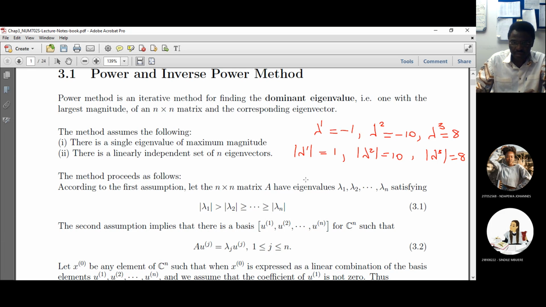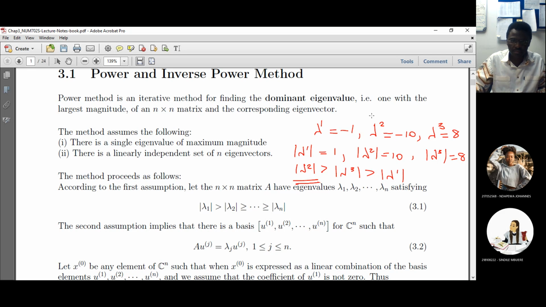So if you are asked at this stage, what is the dominant? This is how I write it, no? Because the absolute value of lambda 2 is greater than the absolute value of lambda 3, and that is greater than the absolute value of lambda 1. So the dominant is the modulus of lambda 2.